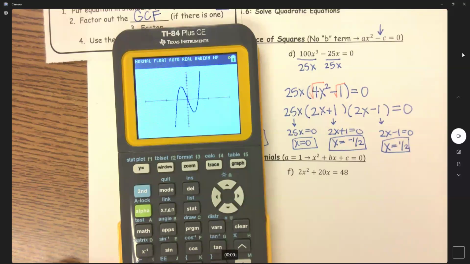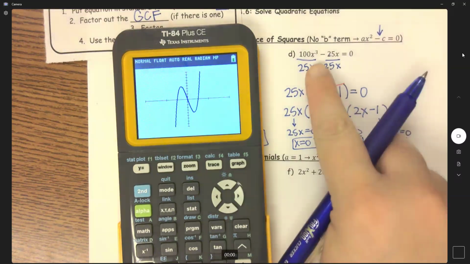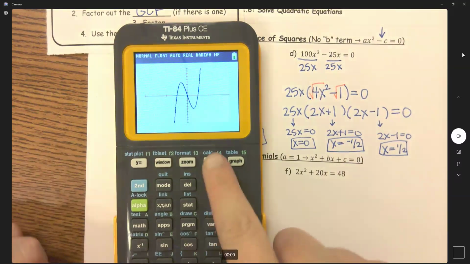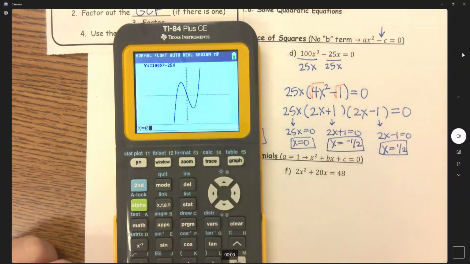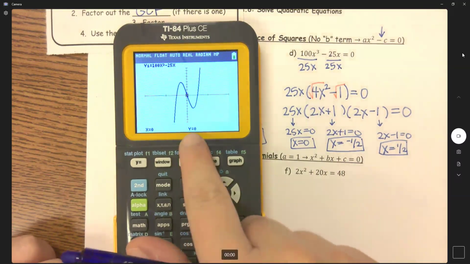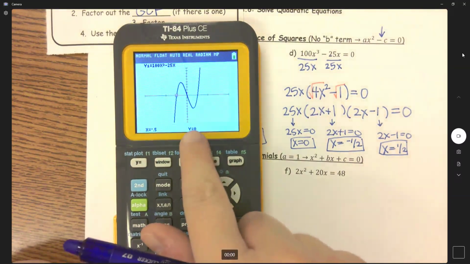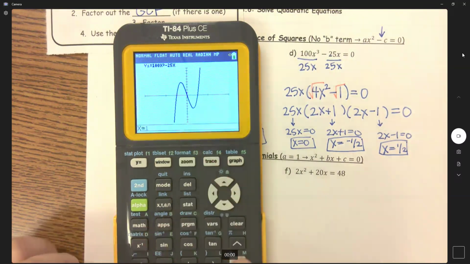There it is. Okay, so no U-shaped parabola anymore because we have an x cubed. It makes a different key graph, right? So if I trace 0, that one works. Negative 1 divided by 2, y of 0, so that one is correct. And 1 divided by 2, we also get y of 0.